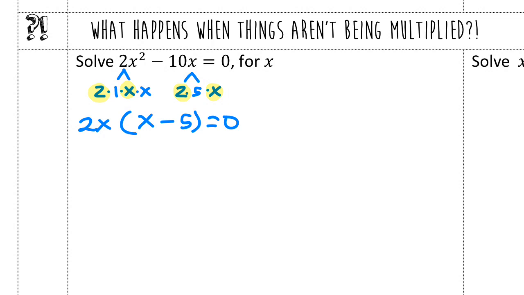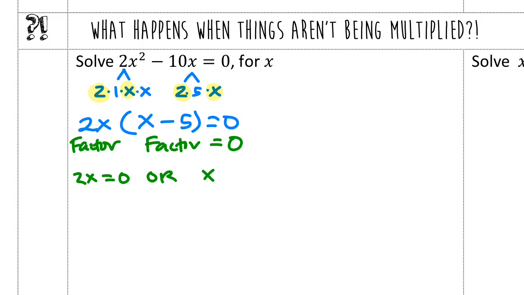So when I do that, what happens is that now we actually have 2 factors. Factor, factor, equal to 0. If I have that, then I need to take each factor and set it equal to 0 individually.